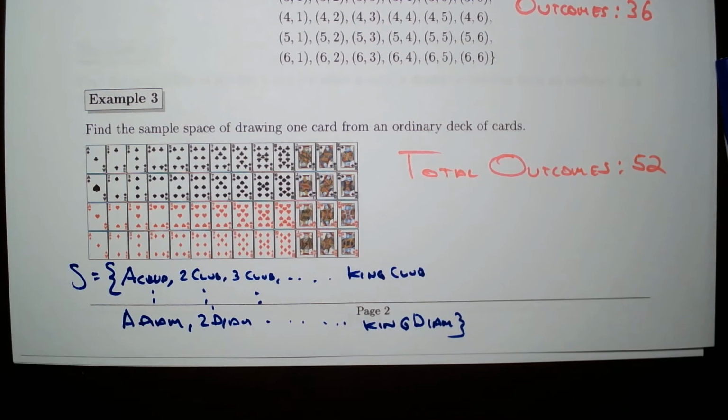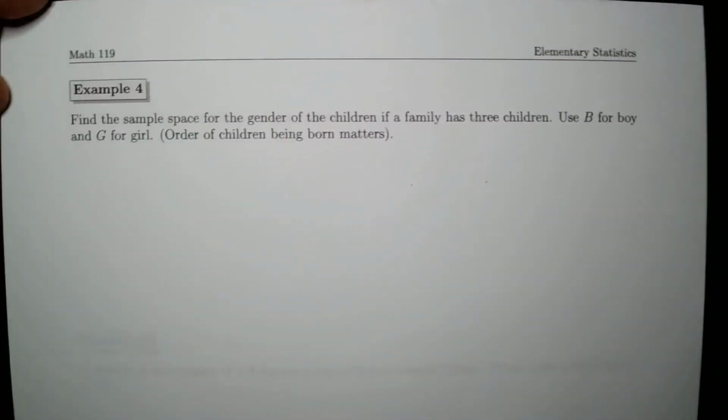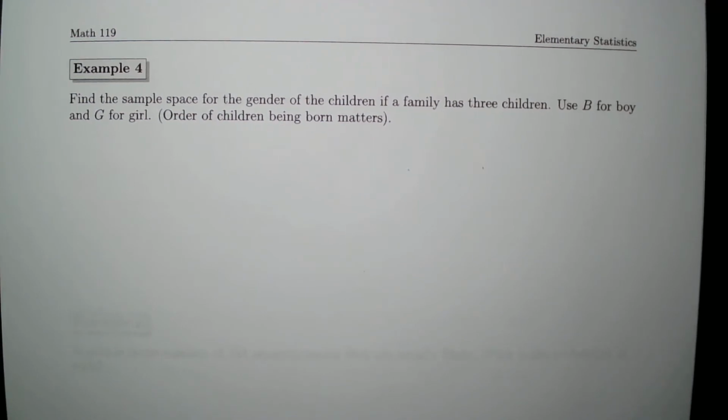All right. Okay, let's move on to the next page to see what we have. Well, let's draw more sample spaces. Find the sample space for the gender of the children if a family has 3 children. Use B for boy and G for girl. The order of children being born actually matters.